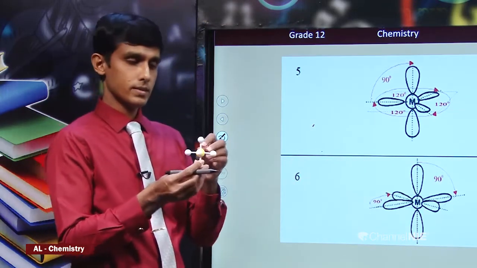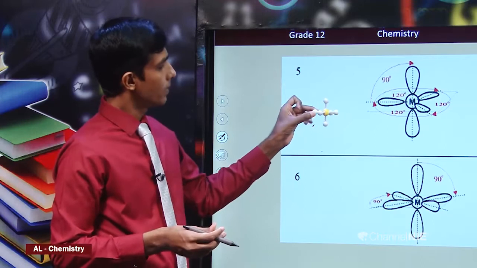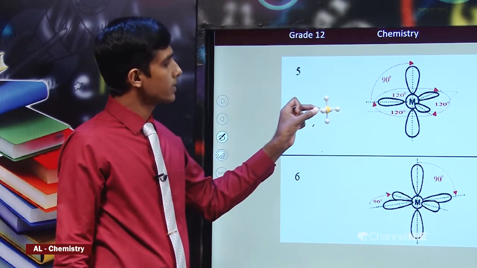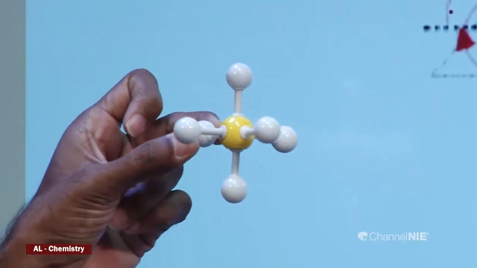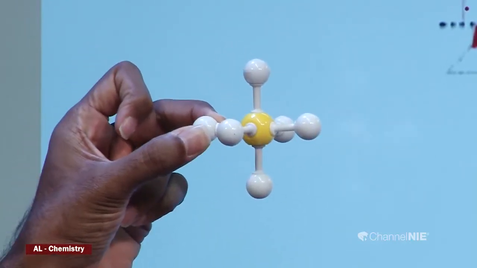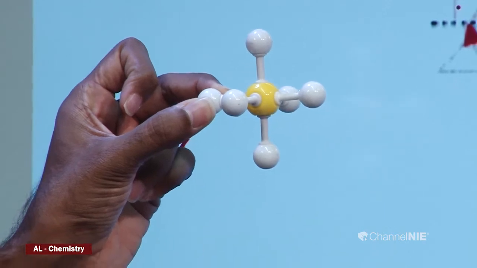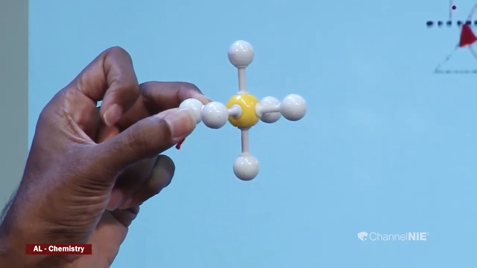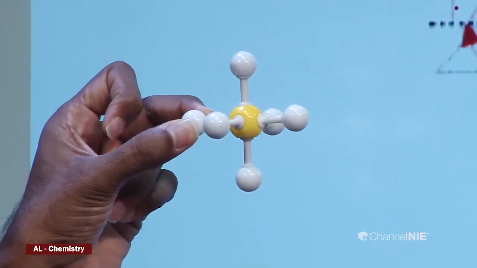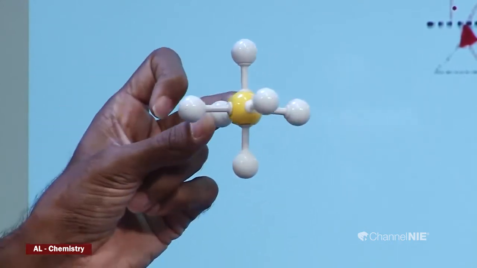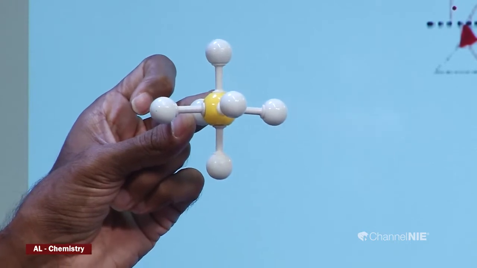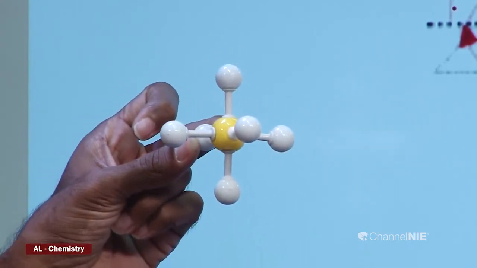If you can see this model, this is an example of a molecule like SF6, where you have 6 covalent bonds, 6 VSEPR pairs. So, they are arranged octahedrally. That electron pair geometry is called the octahedral geometry.